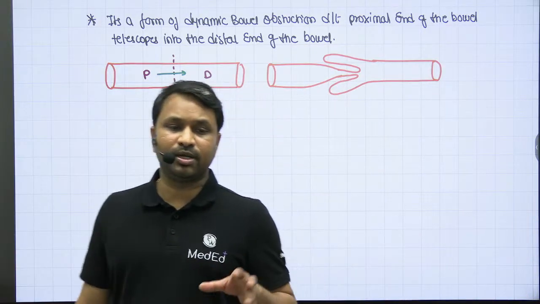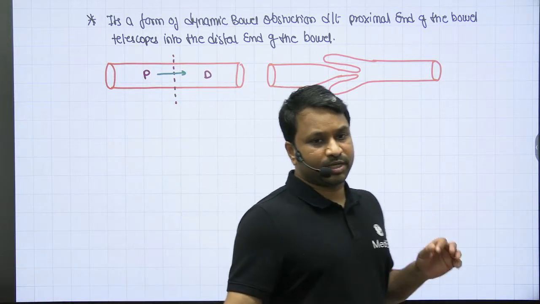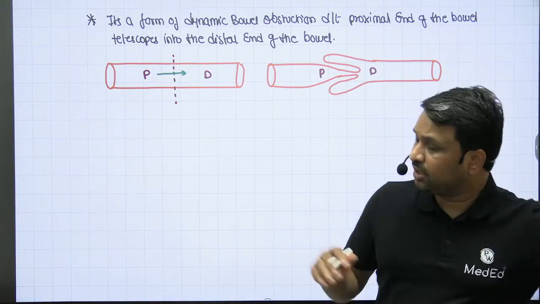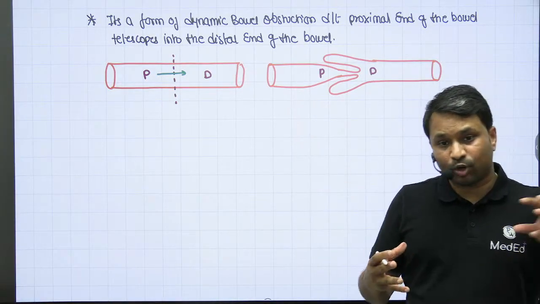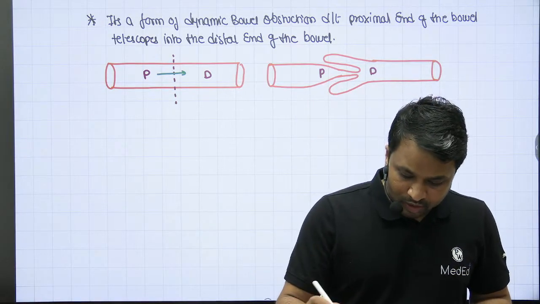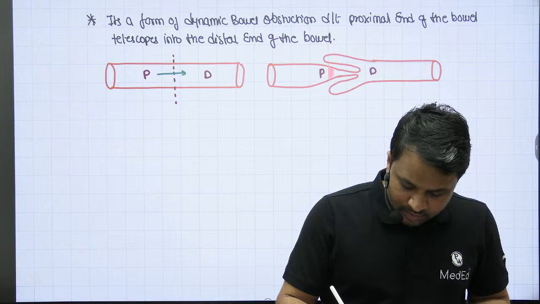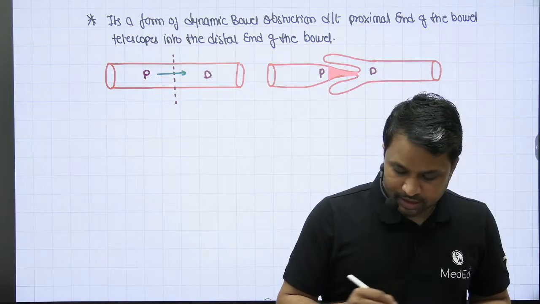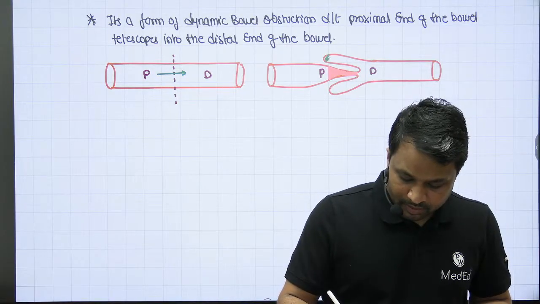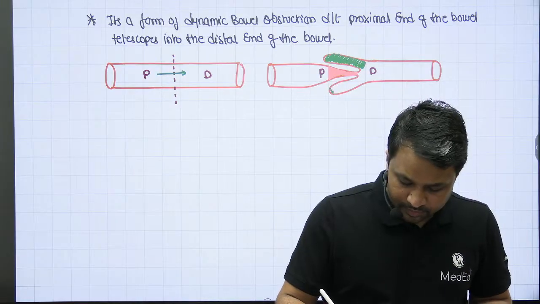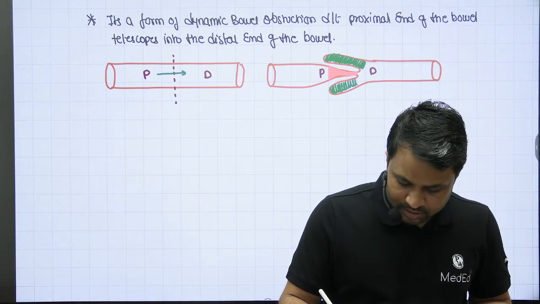When the proximal end of the bowel telescopes into the distal end, the distal end is accommodating the proximal end of the bowel. The part of the bowel that has gone inside is called the intussusceptum. The part of the bowel that is accommodating it is called the intussuscipiens.